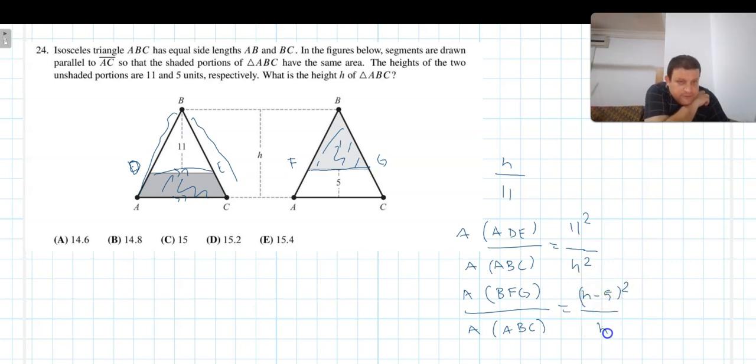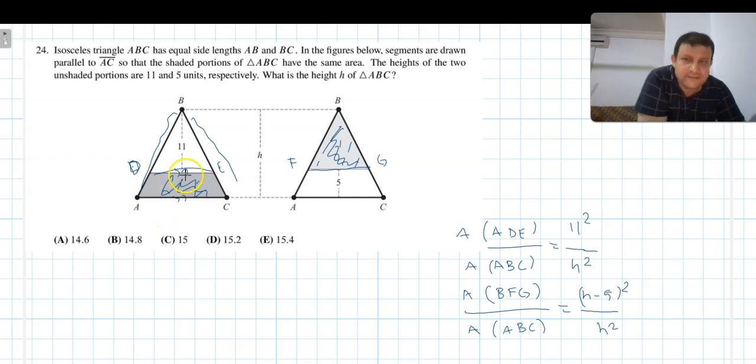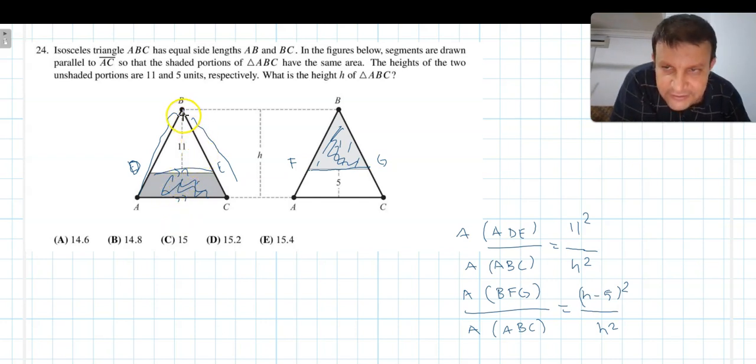over h squared. Since this area and this area are equal, we can add the ratio of this area over the whole plus the ratio of this area over the whole, and it is going to be 1.